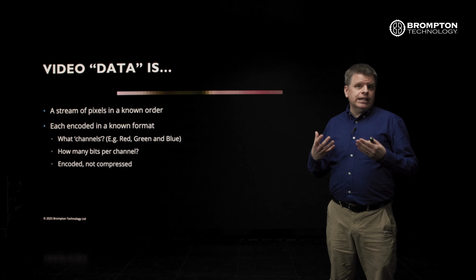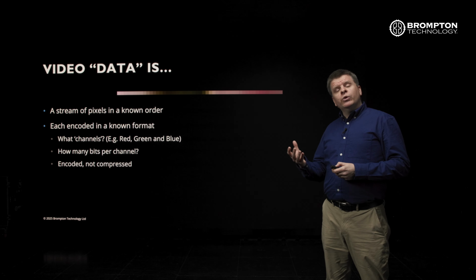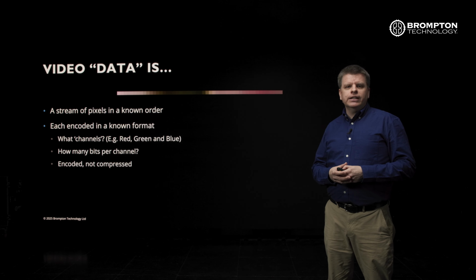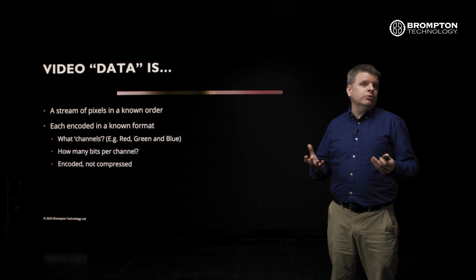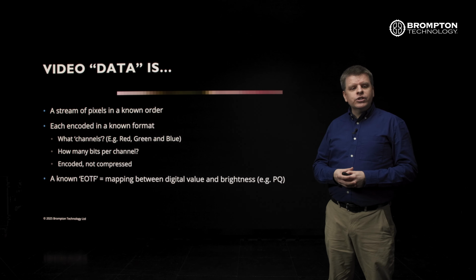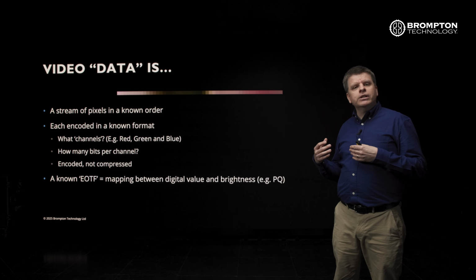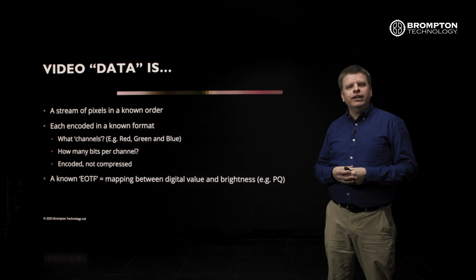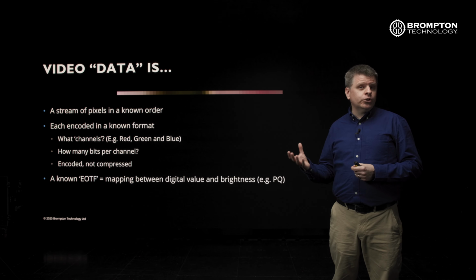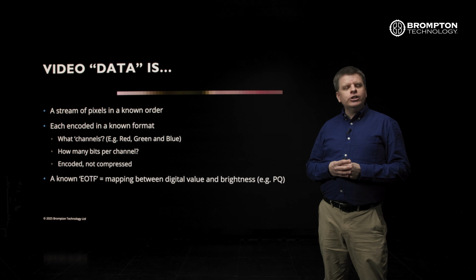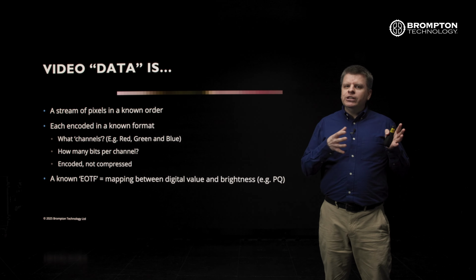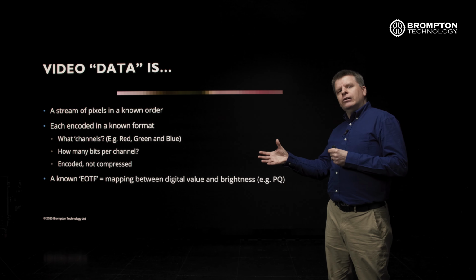So each pixel gets encoded, but we need a bit more information to be able to understand then how to turn that back into effectively light. So we need 2 things. The first is we need to understand what's called an EOTF, or electro-optical transfer function. And this essentially gives us the relationship between the value that we've encoded and how much light there is.